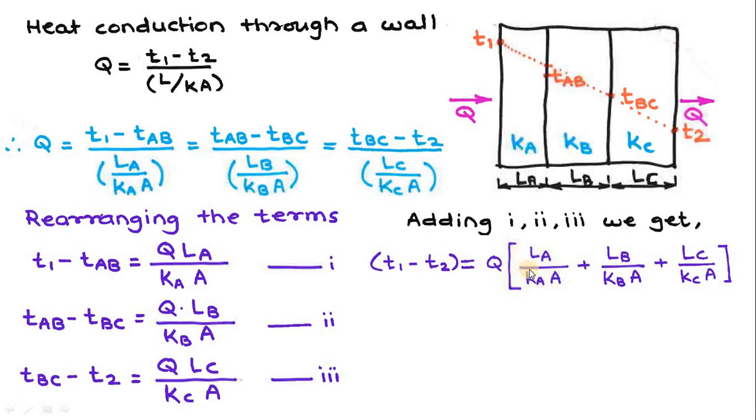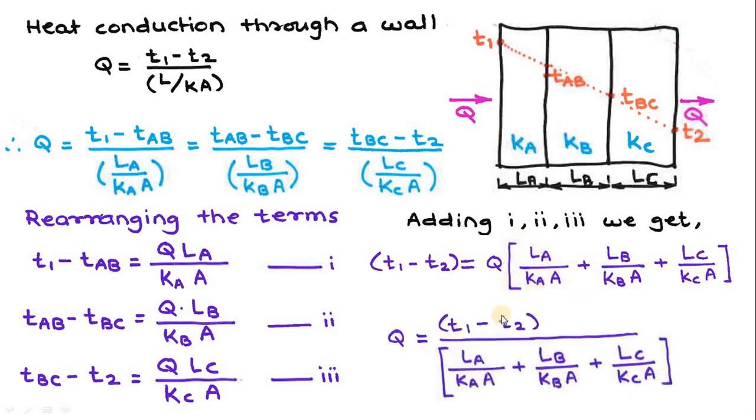terms, into bracket LA divided by KA into A plus LB divided by KB into A plus LC divided by KC into A. Now if I rearrange this term by taking Q on the left hand side, because we need to find out the heat conduction, Q is equal to T1 minus T2.